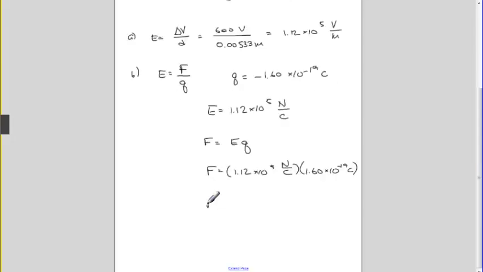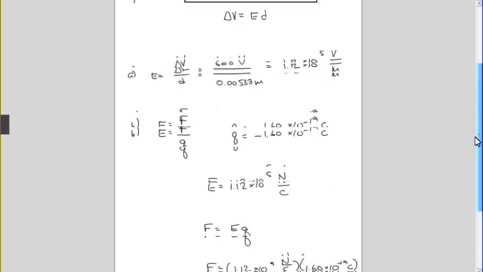It's easier to do that than worry about signs and stuff. So 1.12e5 times 1.6e-19. So the force is pretty small. I'm going to round off, well, 1.79 times 10 to the minus 15th newtons.